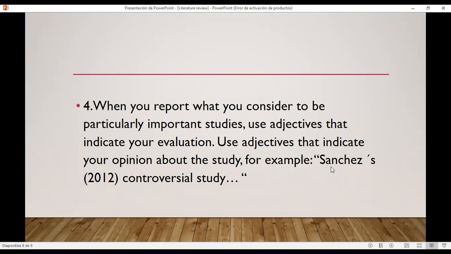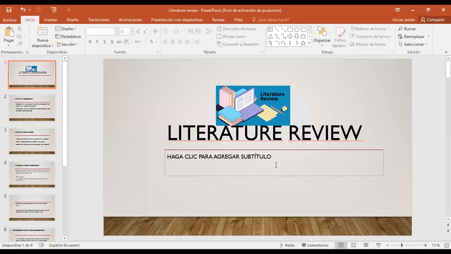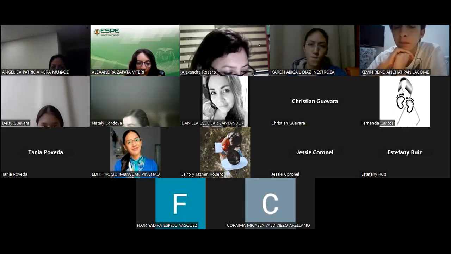Here there is a reference, Sanchez controversial study. I can say Sanchez initial study. Sanchez, what else can I say? Highlighted study. Any adjective that I use is going to show my opinion, my criteria. That is a plus, no? That is a good way to organize what you're writing. Let me share.